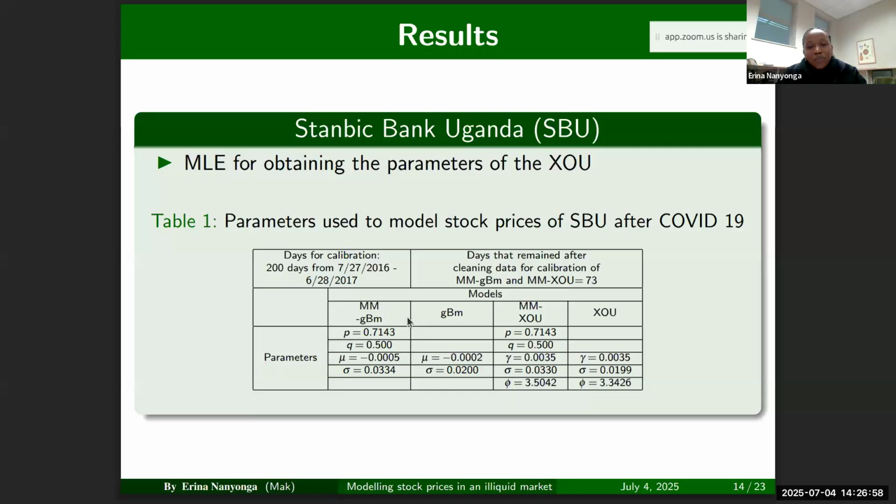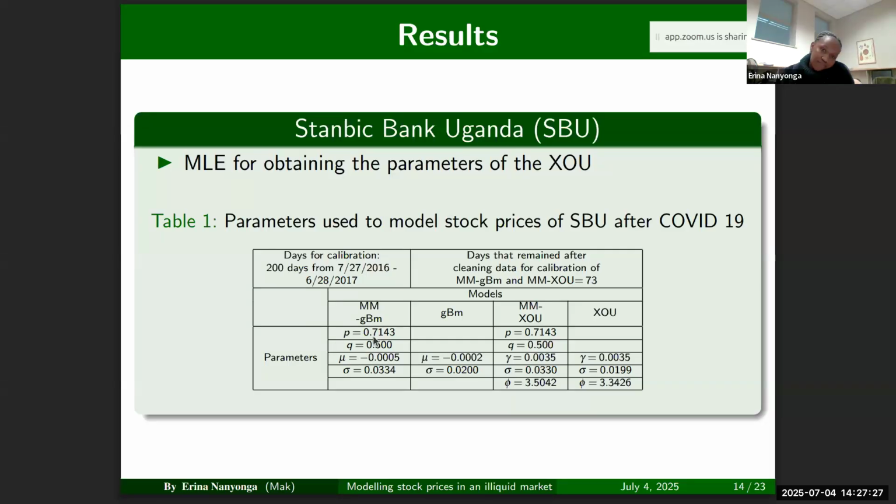So for the GBM model, we ended up with 4 parameters, 2 from the GBM model and 2 from the Markov model. This is the GBM with 2 parameters, and then the 5-parameter model came up to be the XOU: the 3 parameters from the mean reverting XOU, and then the 2 parameters from the Markov model.